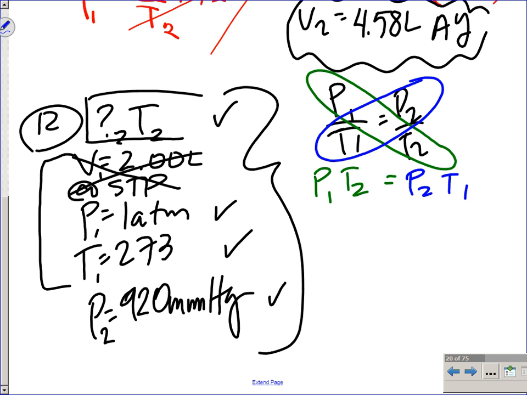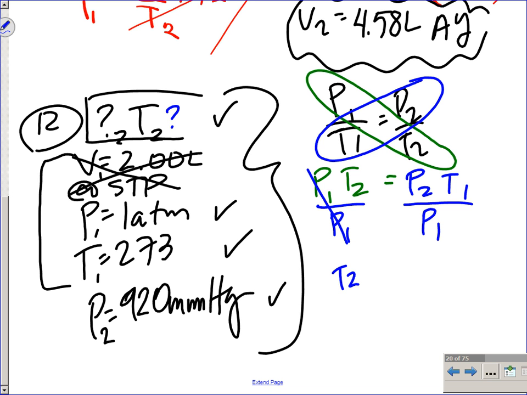What do I not want? I don't want P1 here. I want to divide by that because I need to isolate T2, correct? Because that was my question. So I'm going to divide by P1 on both sides. I know that over here it will cancel. T2 is remaining. Great.